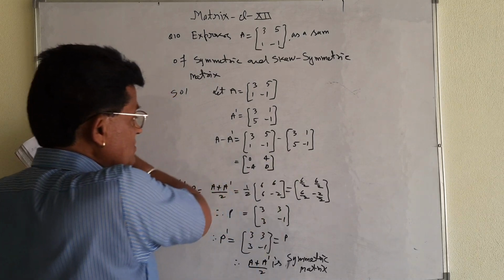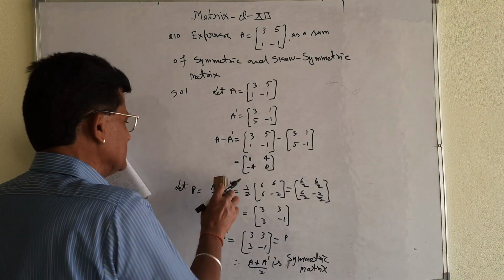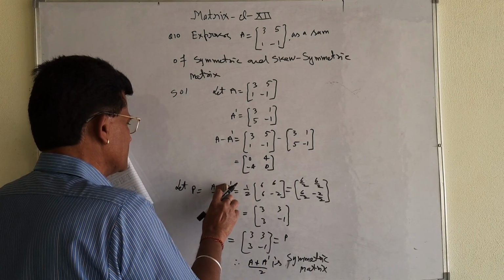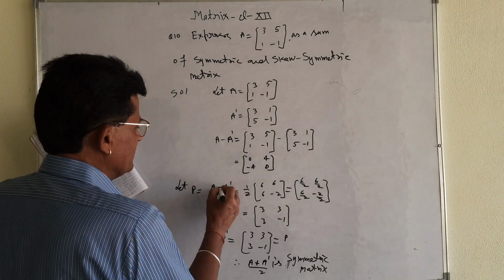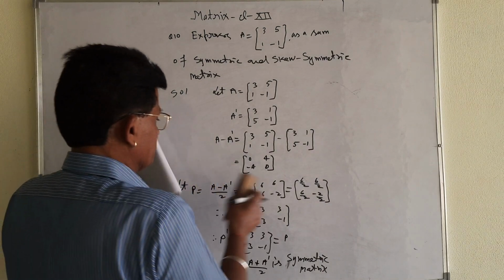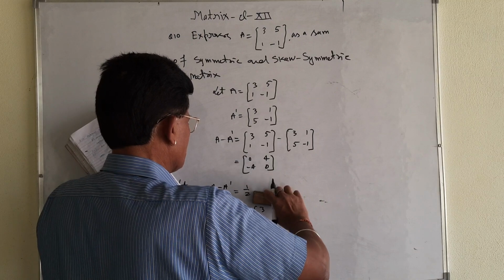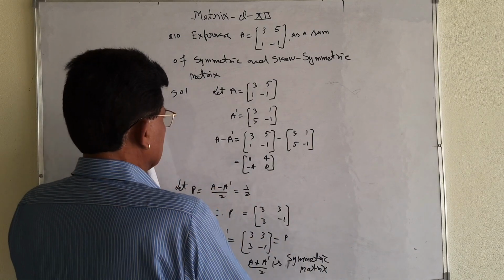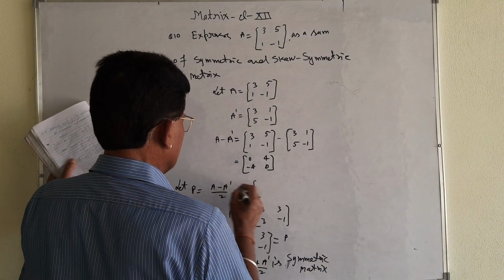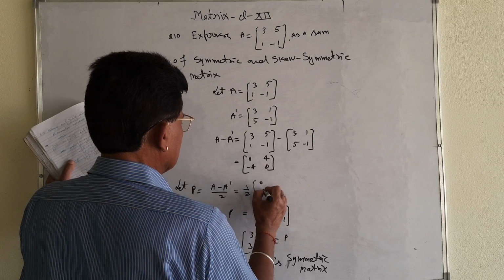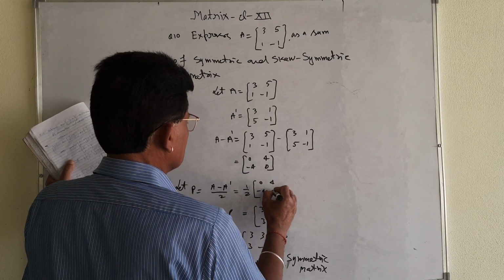My dear student, here also I will change a little bit, take the negative sign only. Only you will have to change the sign and change this matrix. You write the value of A minus A transpose. It is 0, 4, -4, 0.